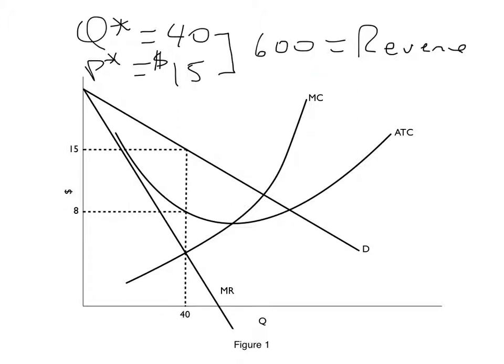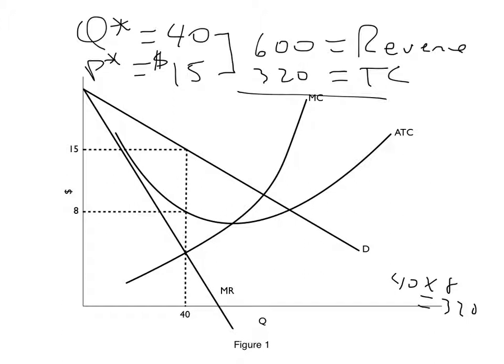So we know that total cost will be quantity times the average total cost, 40 times 8, that's 320. So total costs are 320. And that leaves the firm with a profit of 600 minus 320, a profit of 280.